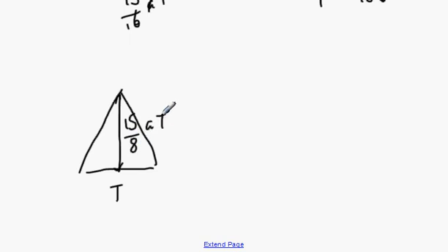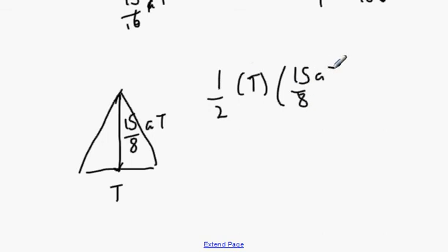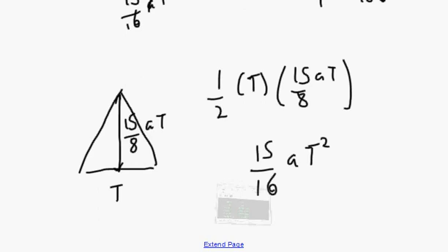Then you'd use half base by height, which would be a half times T times 15 over 8 at. And this would have given you the 15 over 16 at squared a lot quicker than two triangles. So in a test, that'd be a better technique, especially for saving yourself time. Okay, well done.